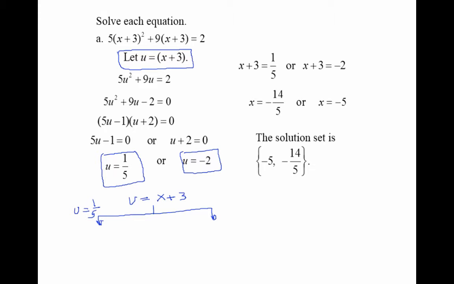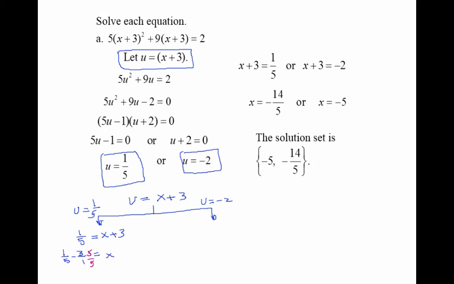One would be when u is equal to 1 over 5. The other one would be when u is equal to minus 1/2. So the first case, 1 over 5 is equal to x plus 3. If I subtract 3 from both sides of the equation, I have to find the LCD, which is 5.